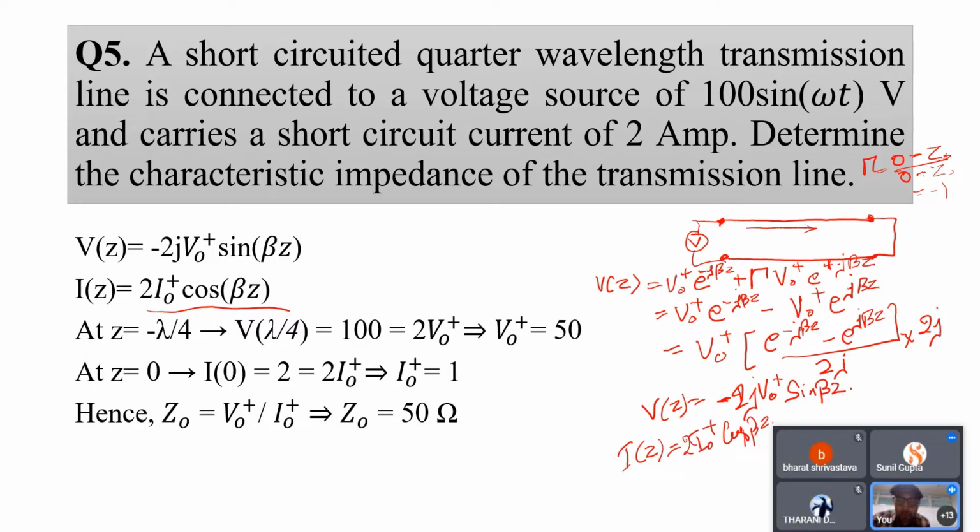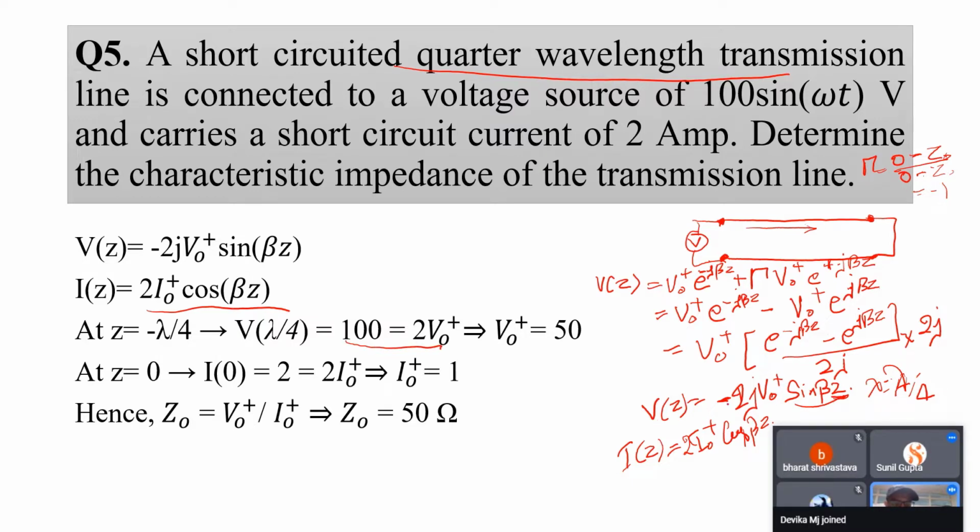See, the voltage source has been applied at the source side. So you can put the value of Z is equal to lambda by 4, because it is given as quarter wavelength. So here you put lambda by 4 for Z. So you can see here that 2 V naught is equal to 100.